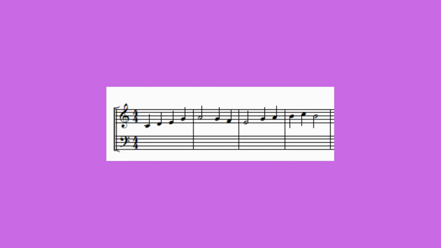So it will sound like that. C, D, E, G, A, G, F, E, G, A, B, C, B.